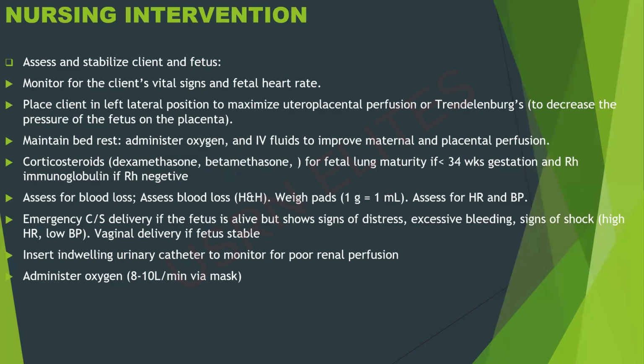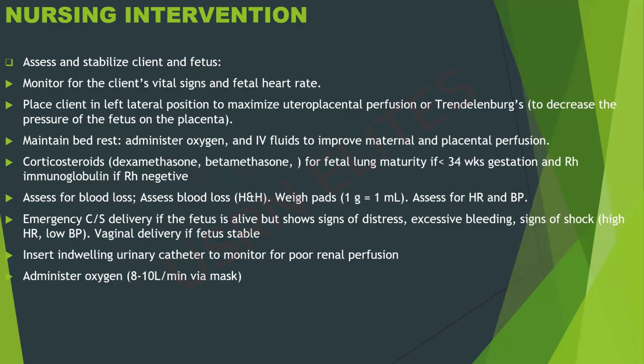How will you know that there's signs of shock? Heart rate high, BP low. Vaginal delivery is for if the fetus is stable. So if the fetus is stable, no signs of distress, you have to do normal delivery.